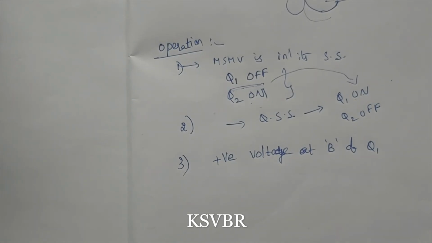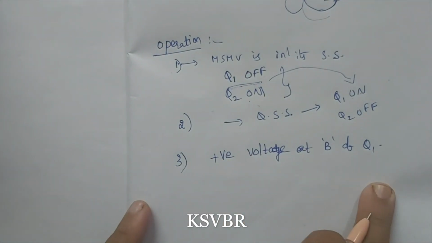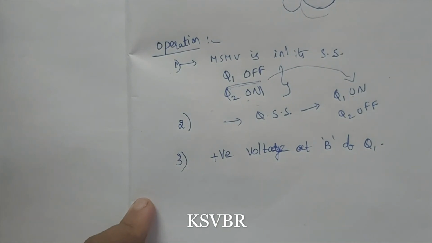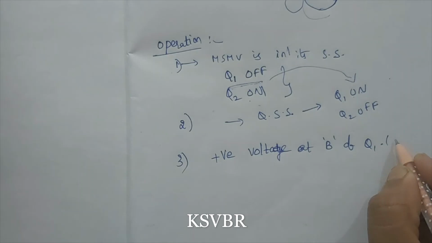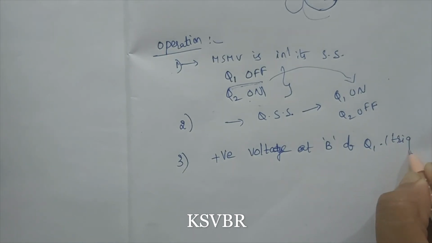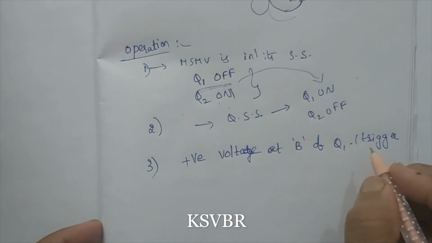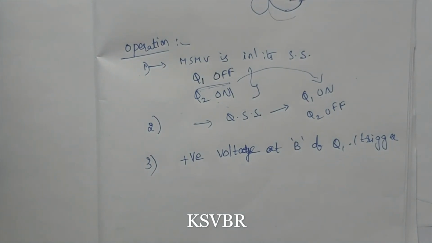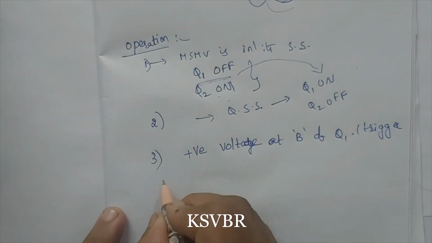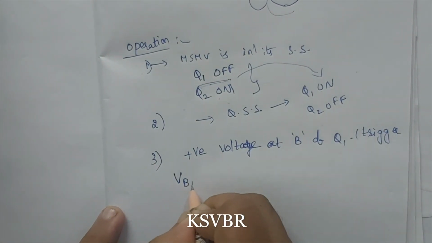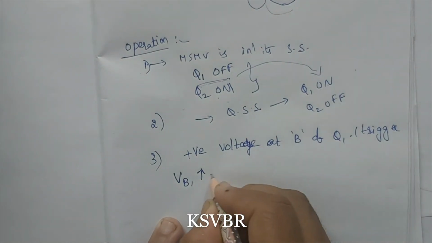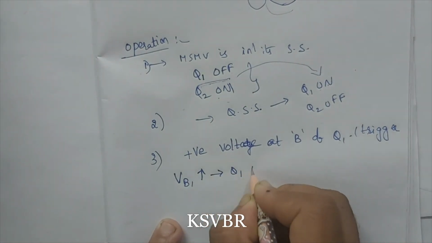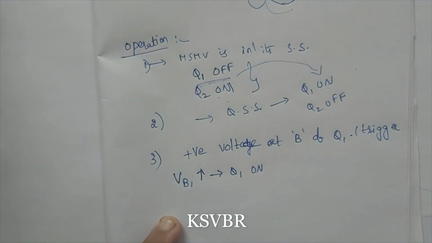Whenever I apply this positive voltage at its base, it is of very short duration, and this is called a trigger pulse or trigger signal. Whenever it is applied, what will happen? VB1 increases, the voltage at base 1 increases, which makes Q1 transistor go into on state.